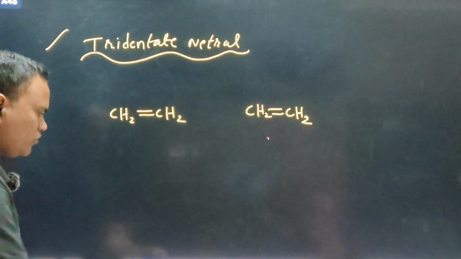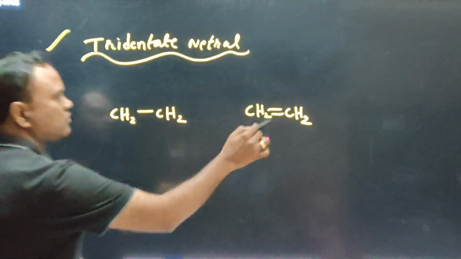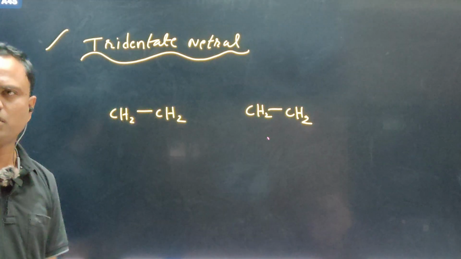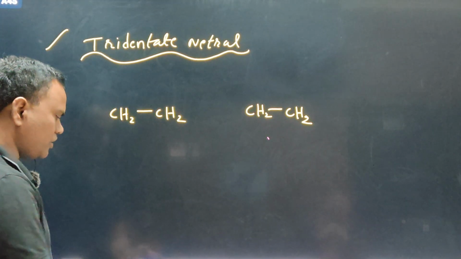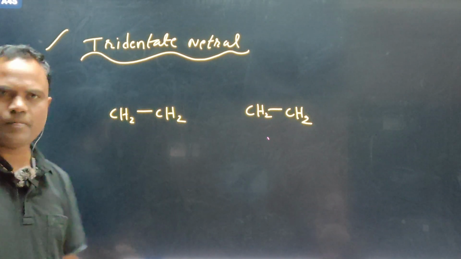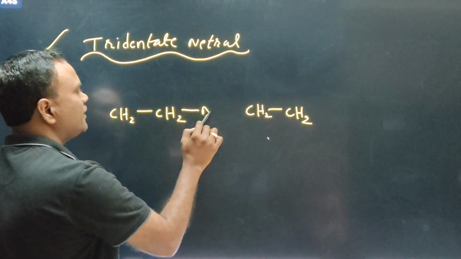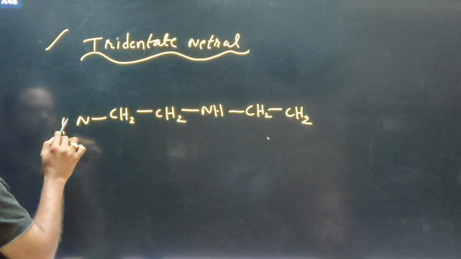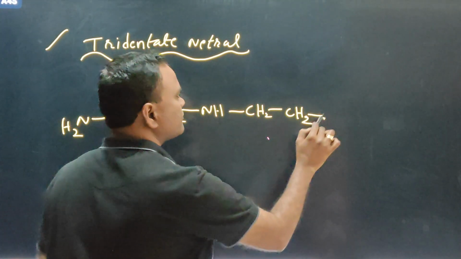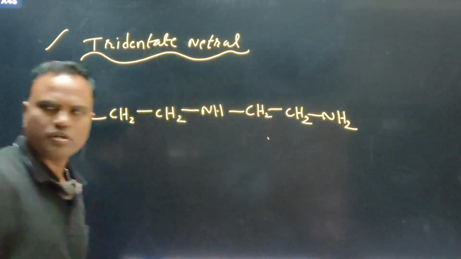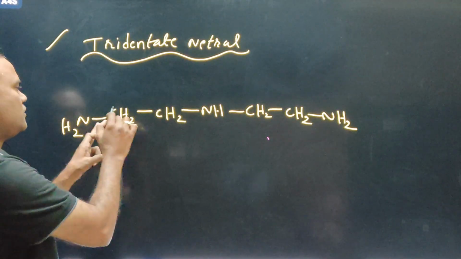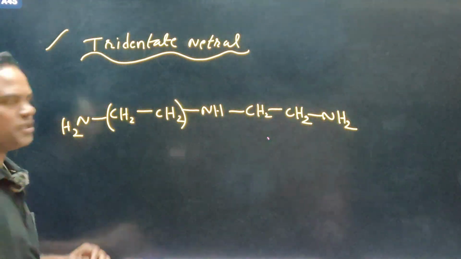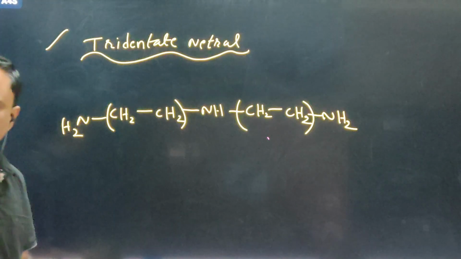Now remove one bond. When we remove the bond, we have to complete the valency, right? So I am keeping NH in the middle and NH2 at the terminals. This is one ethylene unit.